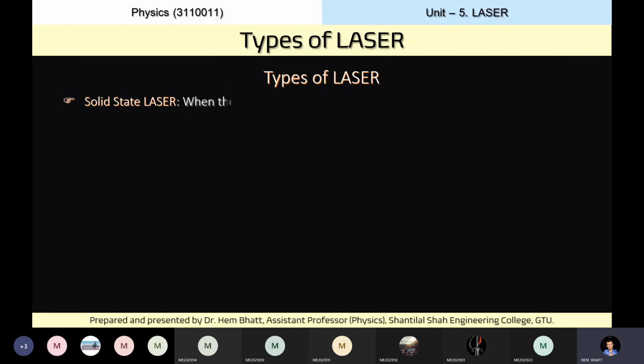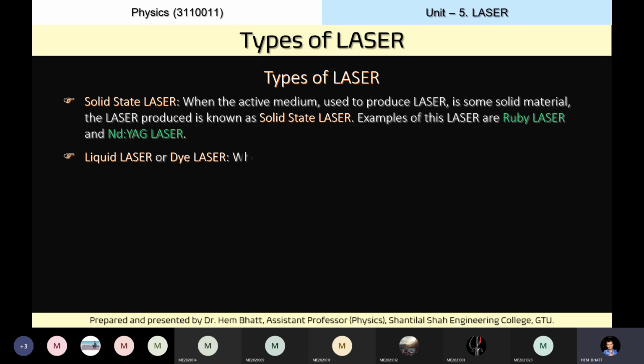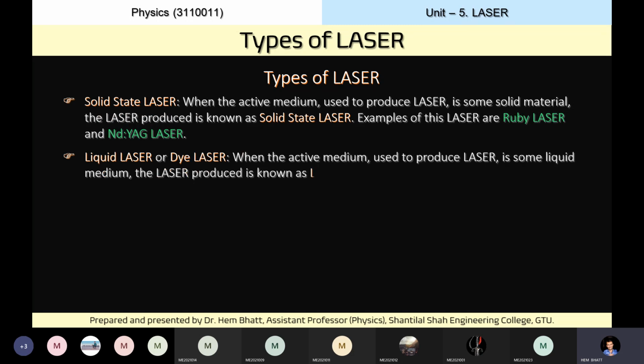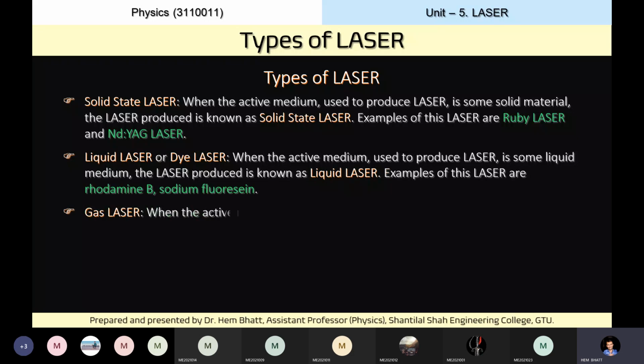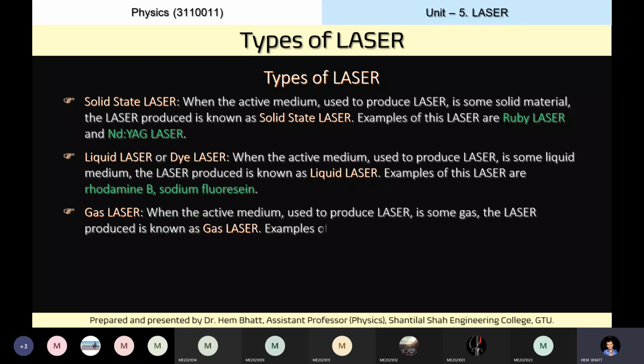ટાઈપ્સ ઓફ લેસર અને એપ્લિકેશન્સ ઓફ લેસર એ રીતે આપણે કર્યા હતા. 4 types of laser you have: solid state laser, liquid laser જેને ડાઈ લેસર એ કહેવાય, then you have gas laser, અને લાસ્ટલી કયું લેસર હતું ગેસ લેસર પછી? Which is the fourth type of laser? Superconductor. નહીં, ખોટી વાત.